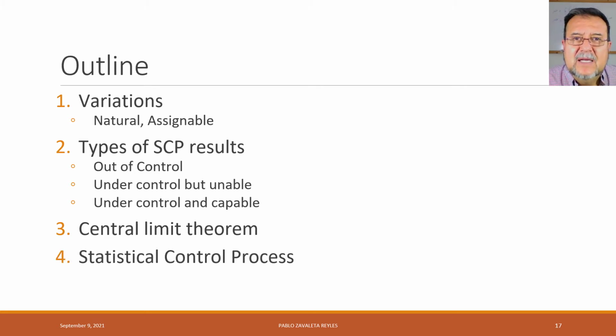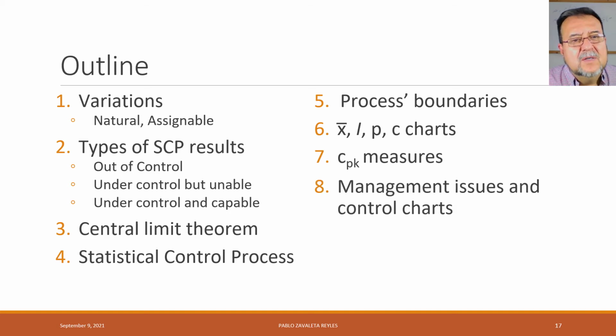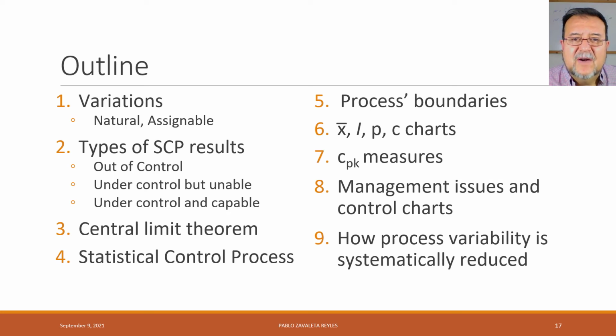Then we went ahead to check out the statistical control process and how we define the process boundaries. Then we saw the different types of charts, mean, R, P and C charts, and then we talked about the CPK measures. Finally, going on to management issues and control charts, and closing with how process variability is systematically reduced.